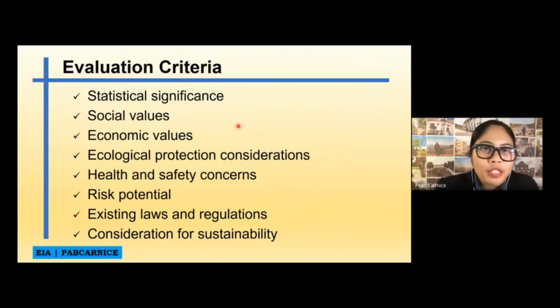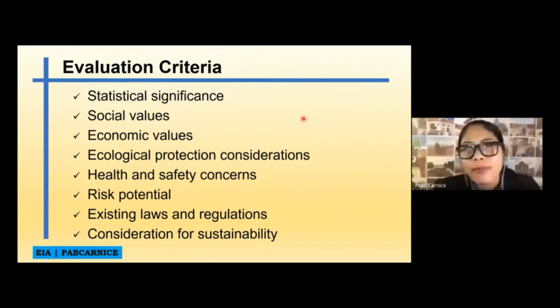Again, it depends on the specific identified predicted impacts of your project or activity. Among these criteria, you can choose one or two, whichever is applicable or most appropriate. I think that's the correct word, appropriate.